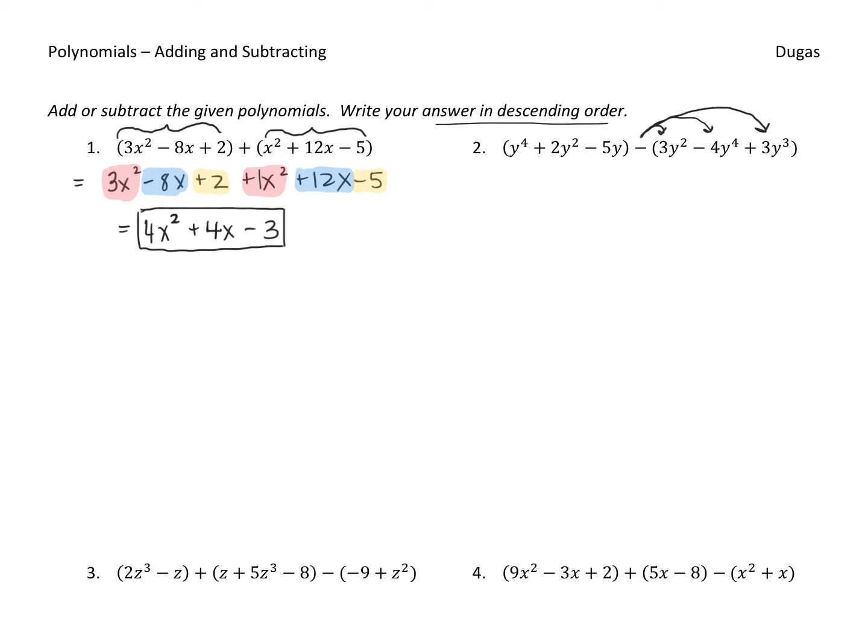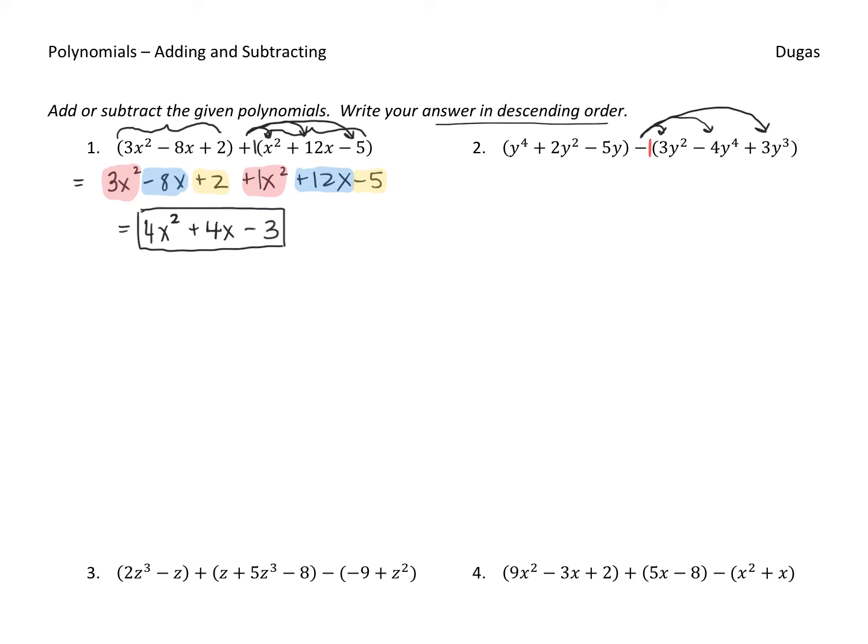In the previous example, we could have distributed the plus, but multiplying by a positive 1 does not change the value of anything. But multiplying by a negative 1, so right here in the number 2, it's understood to be a 1 there. Multiplying by a negative 1 does change the value because it changes the sign.